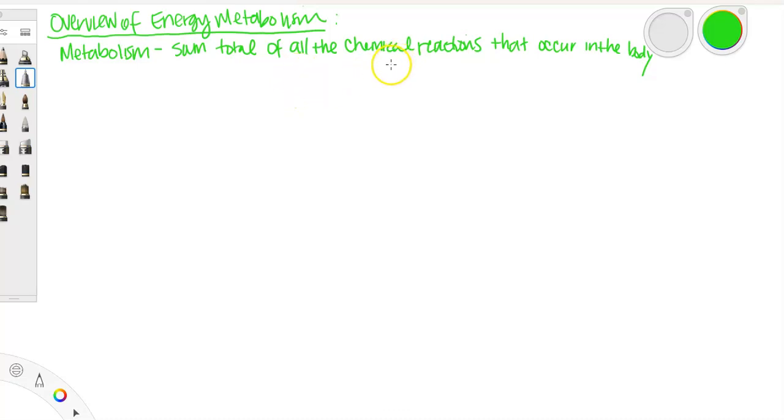Okay, so you should know or remember that there are two types of metabolic reactions, basically. There's types that break down things, catabolic reactions, and they break down molecules into simpler ones.